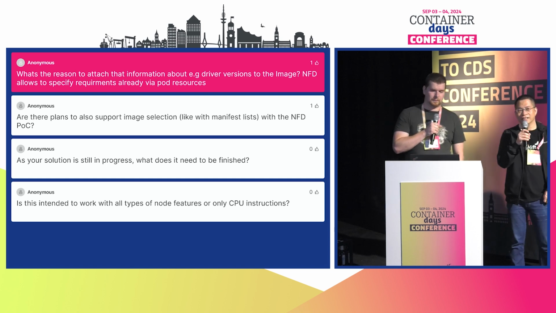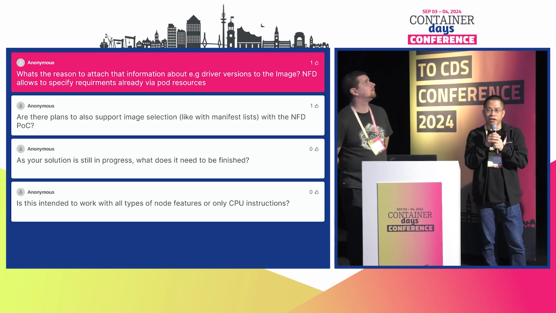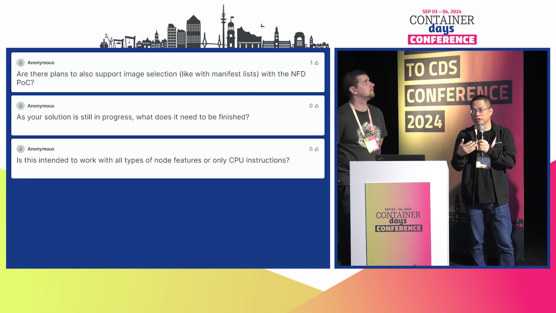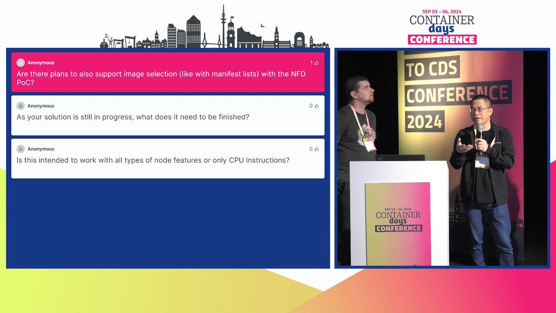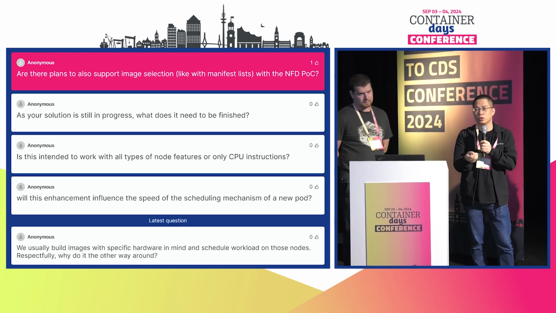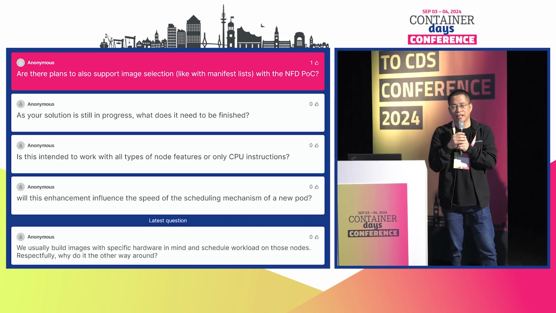Yes, an additional comment: it's because there are different roles providing the information. The image author is usually the developer. When developers package the application, they know what compatibility the application requires.